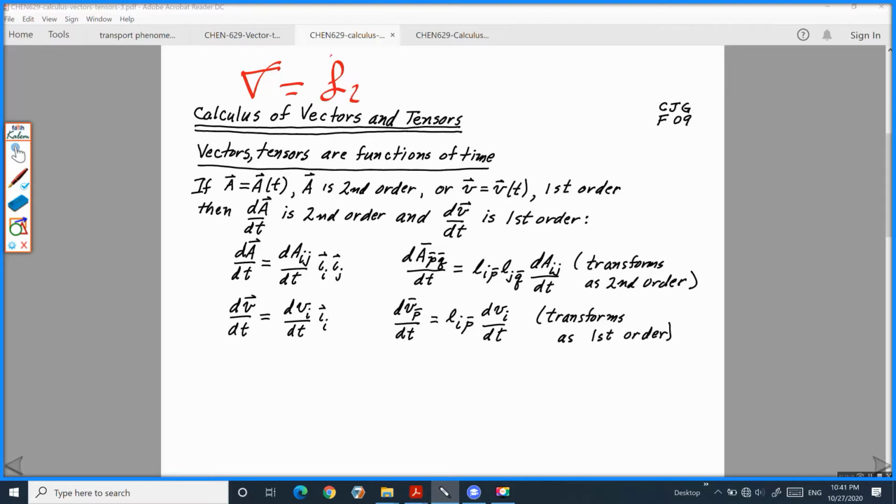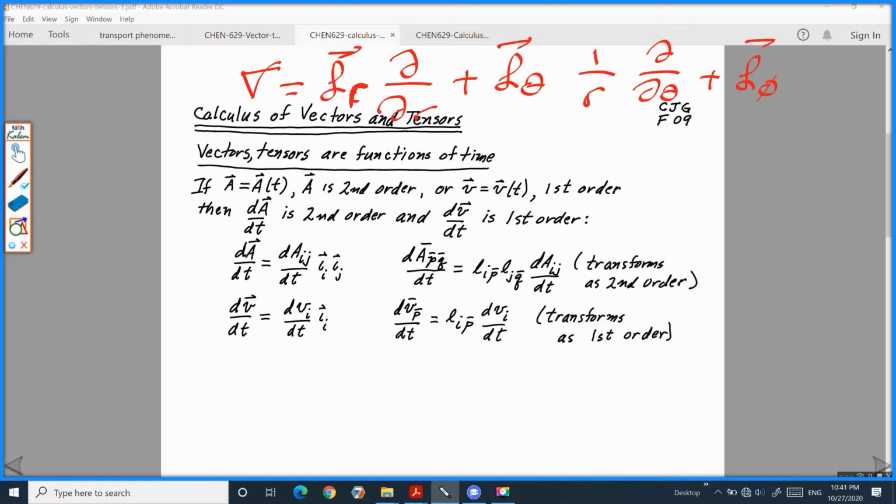Let's say in this cylindrical coordinate system, we can write this is the R here, actually the R, theta 1 over R, theta plus phi is 1 over R sine theta and so on.